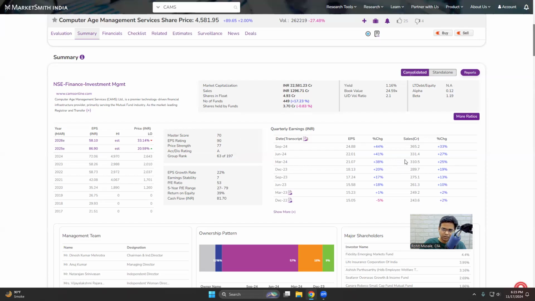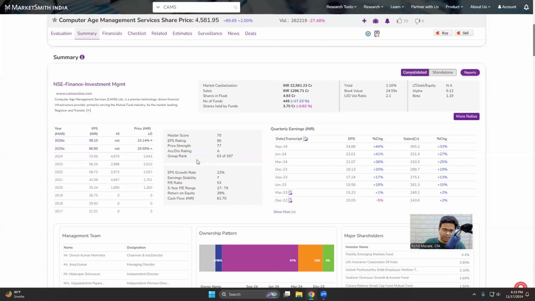Sometimes you have return on equity in your favor, sales and earnings in your favor, but the margin is not expanding. So out of four, try to get three in your favor. Okay. If three are in your favor, it is a fundamentally strong company. If all four are in your favor, which in this case is true, then I would say the company is very strong. So there is a difference between strong and very strong.